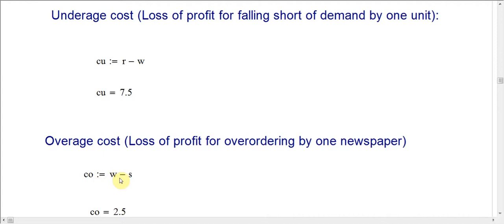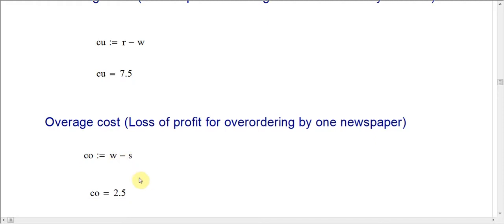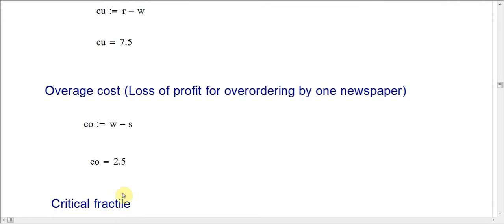It is the price that we pay minus the salvage price. The difference of the two is 2.50 euros. So for every newspaper that was too much to buy, we lose 2.50 euros.